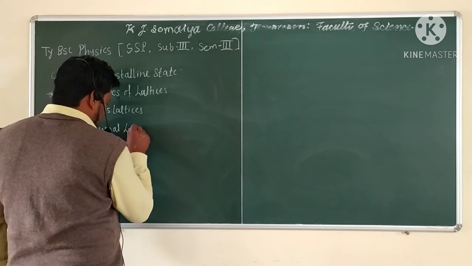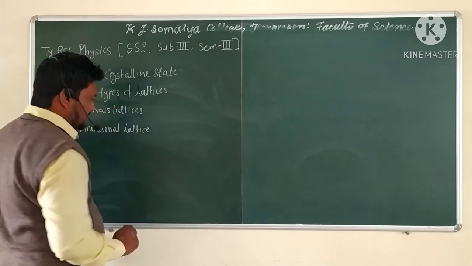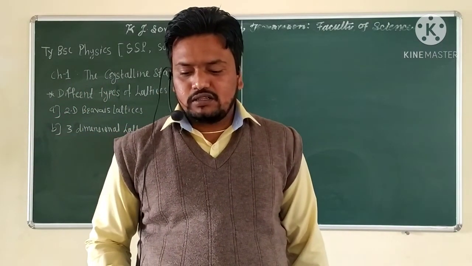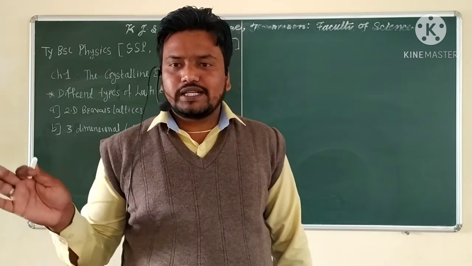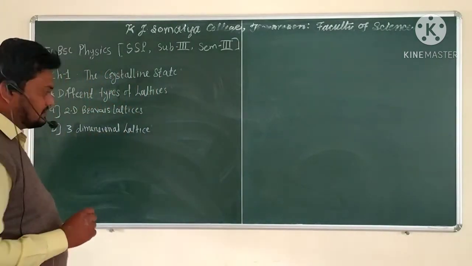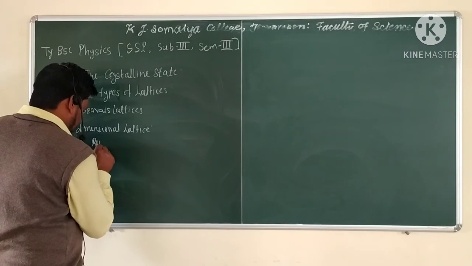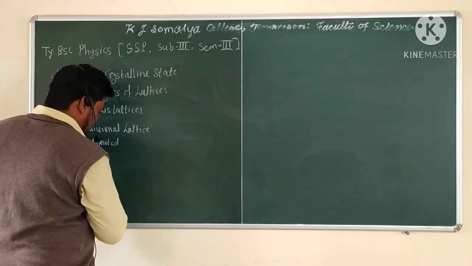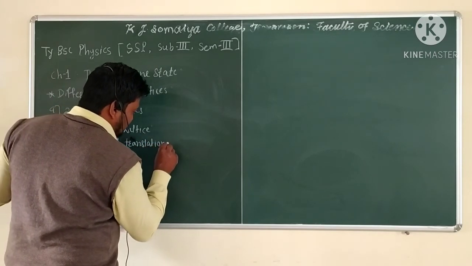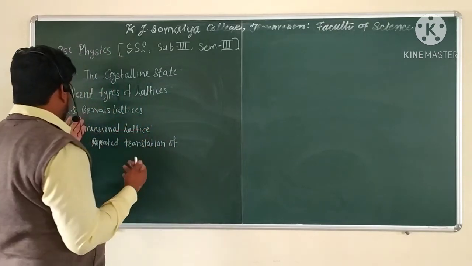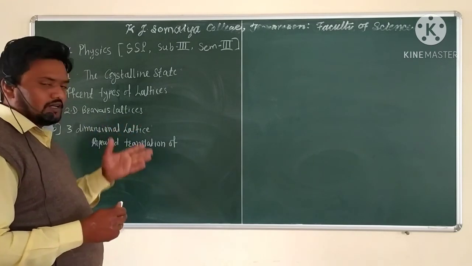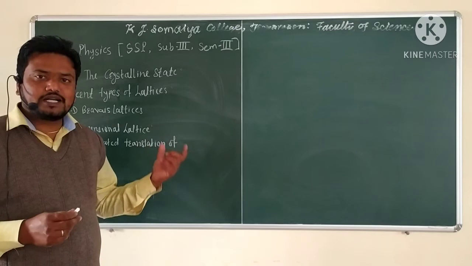This three-dimensional lattice has 14 different network types, which are considered as the repeated translation of three non-coplanar vectors. In the two-dimensional Bravais lattice, it is the translation of coplanar vectors, that is vector A bar and vector B bar.